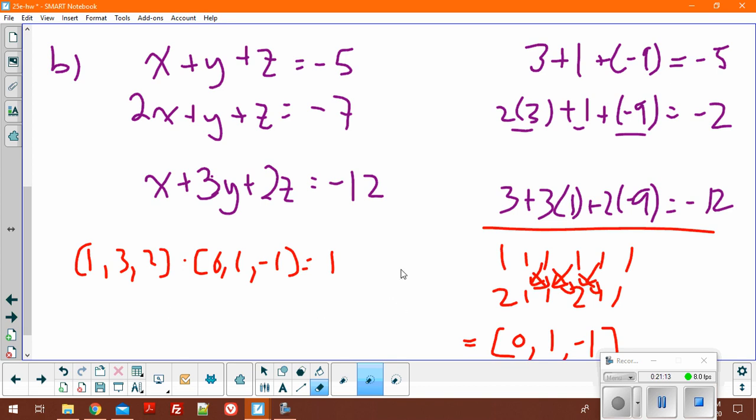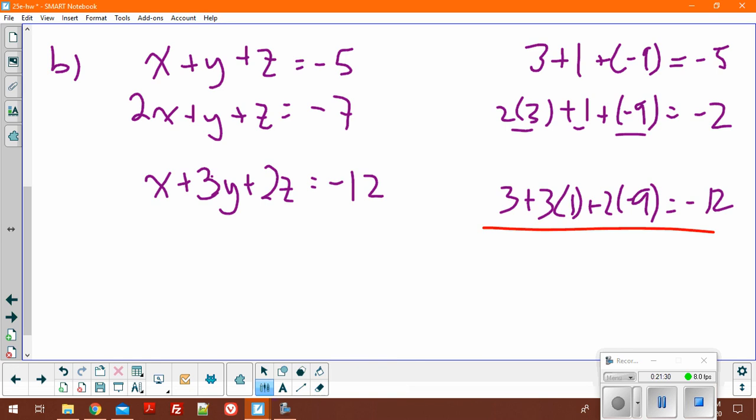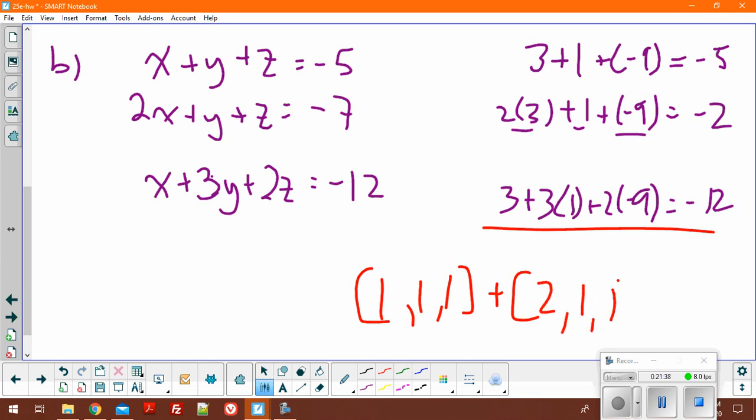Now, another way to make sure, instead of going through all that process, another way to think about it is, if they're coplanar, that means that they are a linear combination of each other. So long as I can't add the first two normals together in some way. If I start with 1, 1, 1, that was my first normal, and added 2, 1, 1 to that, that would give me 3, 2, 2.